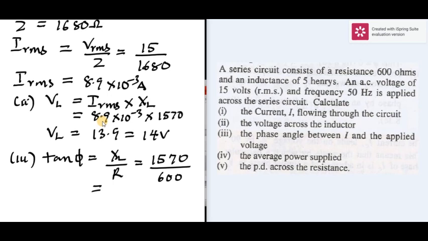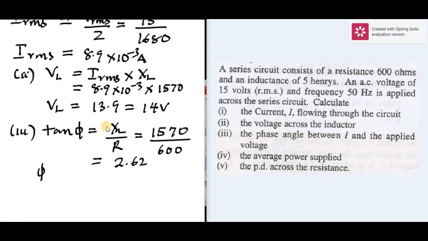It will give 2.62. The angle will be the tan inverse of 2.62. That will give us approximately 69.1 degrees.